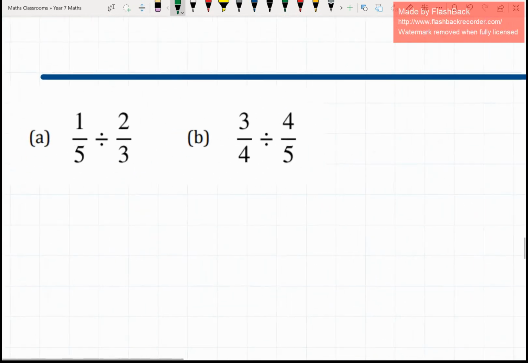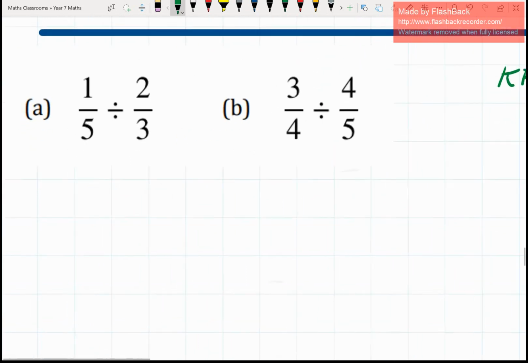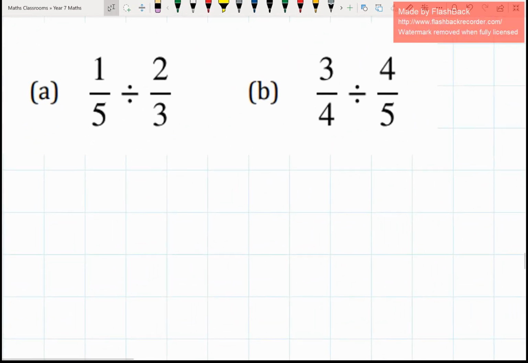Okay? Now remember this one. I'll give you a little helping hand. We have KFC. Okay? And I will do these first 2 for you. Remember, we keep the first fraction, we flip the second fraction, and we change the symbol. So now I can rewrite that like that, and none of these cancel each other out, so I'd be left with 3/10.